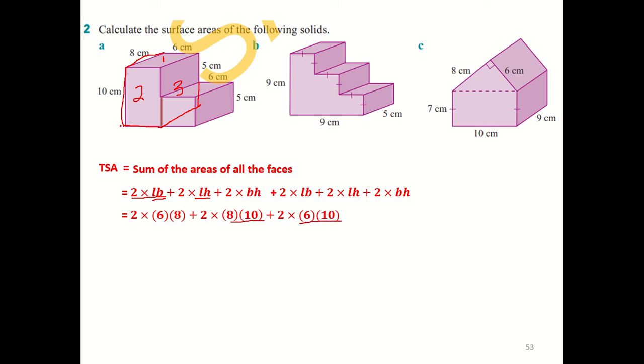It's simply this second area here that I've written as 2, which is 10 times 6. You will multiply that by 2 because we've got two sides of that length, which is basically the area of the smaller side of your rectangular prism. That is for the bigger prism. Now let's go to the smaller prism quickly.